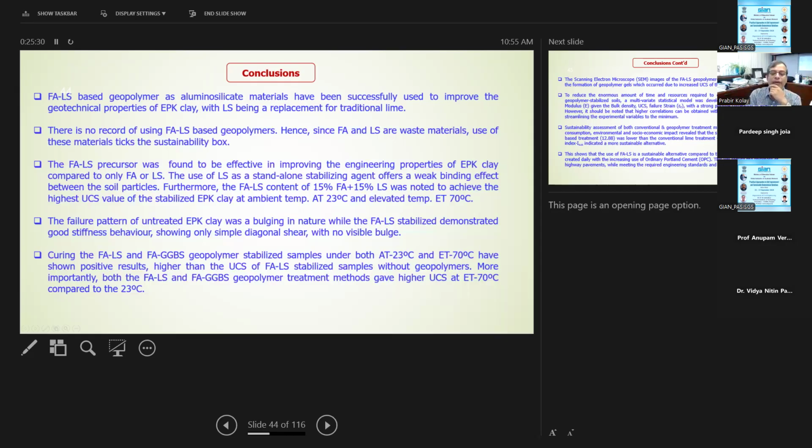We have also seen with the scanning electron microscope that the curing of GGBS stabilized samples at both 23° and 27° showed positive results. The higher the temperature, the more the strength. We also did some tests at 35°, and even then we saw a substantial increase in strength.